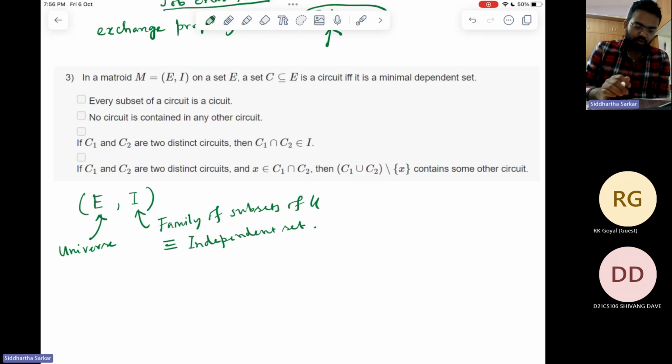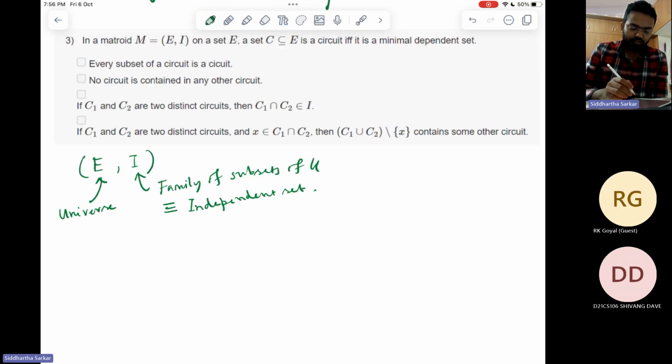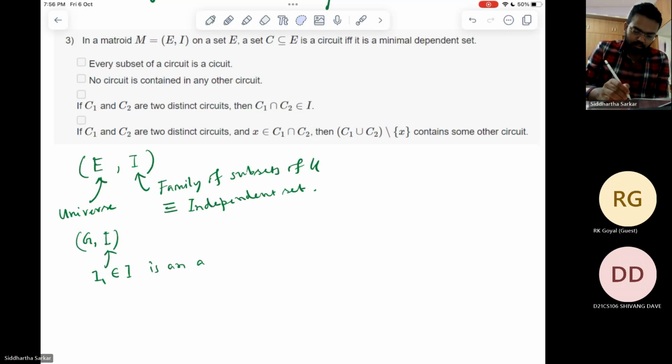In our case, what is the kind of matroid we have seen? We have seen the graph and a set of edges I such that every I1 in I is a set of acyclic edges.